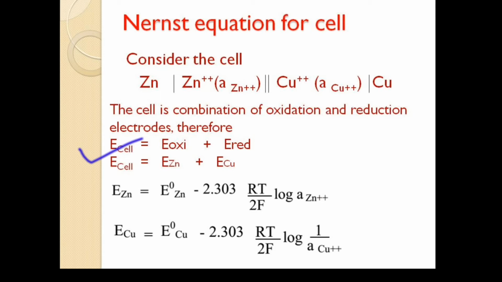So E cell is equal to E oxidation plus E reduction, that is E cell is equal to E oxidation of zinc plus E reduction of Cu. As you know, on the left hand side electrode oxidation takes place, whereas on the right hand side electrode reduction takes place. Now put the values of E zinc and E copper from the equations derived in the previous slides.